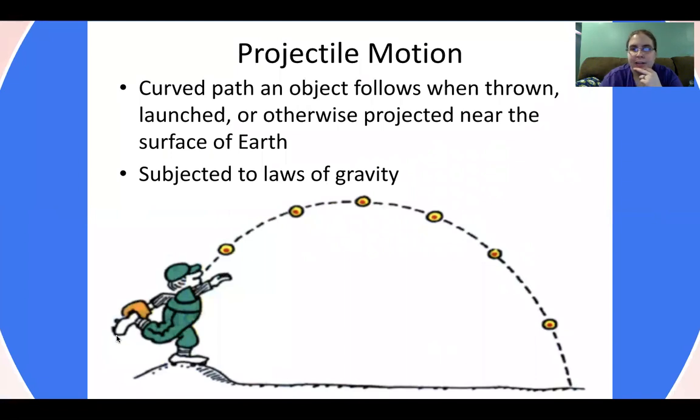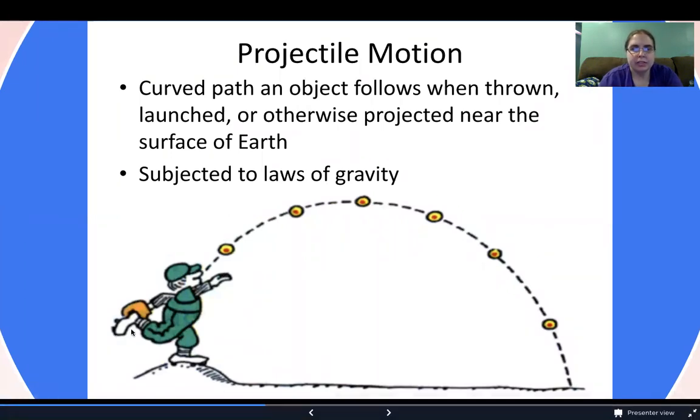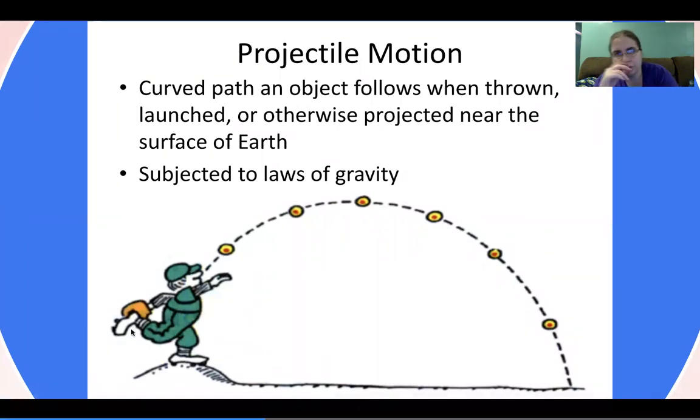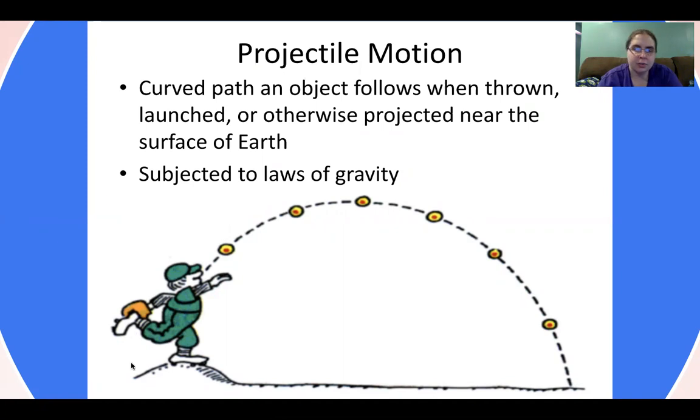So what is projectile motion? Projectile motion is a curved path an object follows when thrown, launched, or otherwise projected near the surface of the earth. It is subject to the laws of gravity. So in this case, the person throws it up. As soon as it leaves the person's hand, it still has that upward and angled velocity.